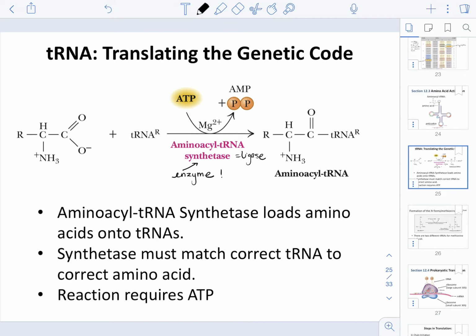As you can see here, we have an amino acid, and this is just a generic amino acid. We have the tRNA molecule, and in the process ATP is being used as an energy source for the reaction.